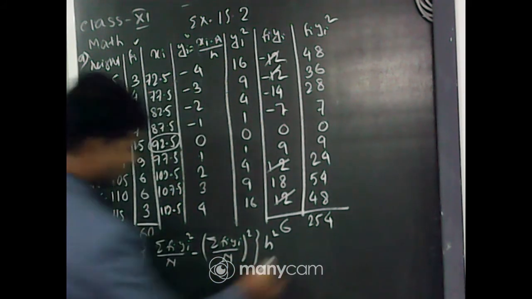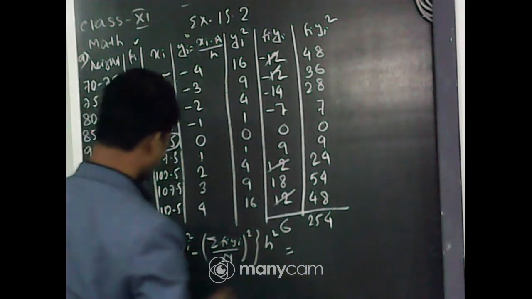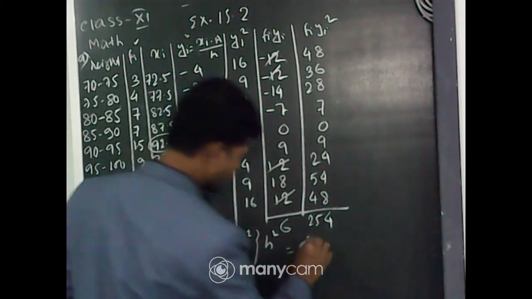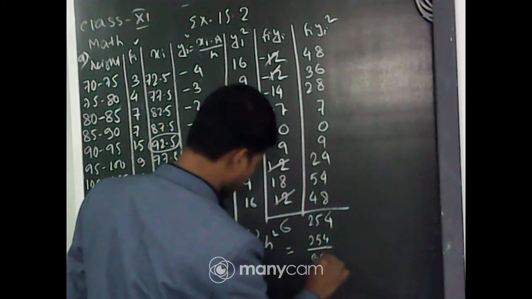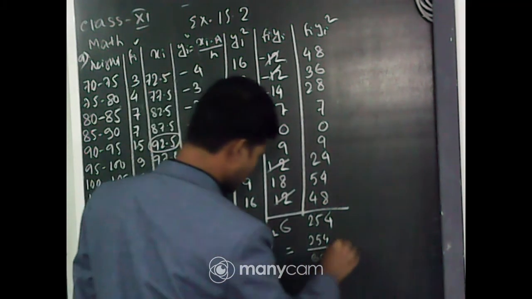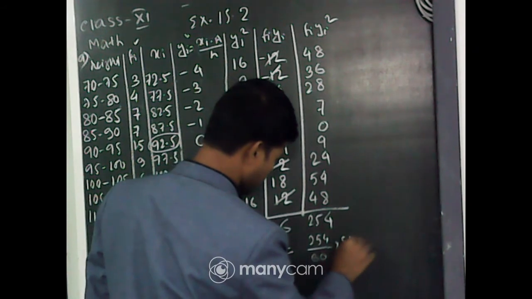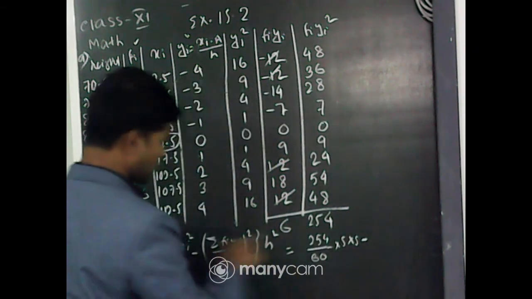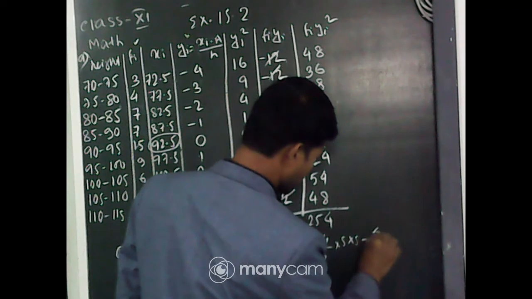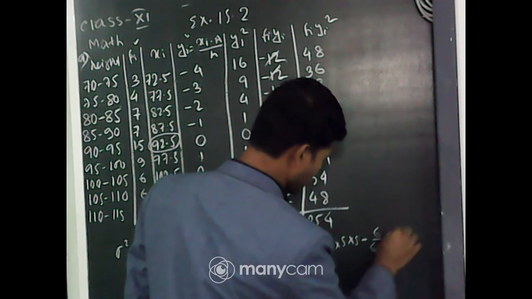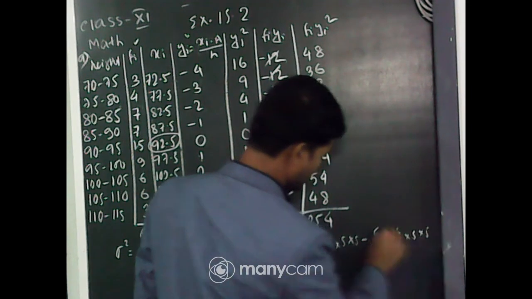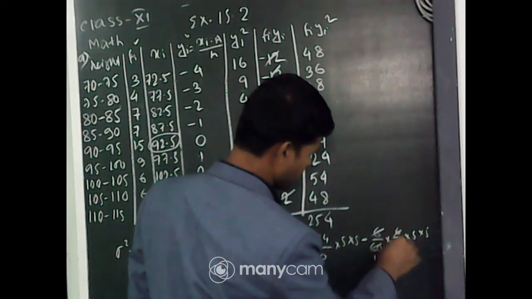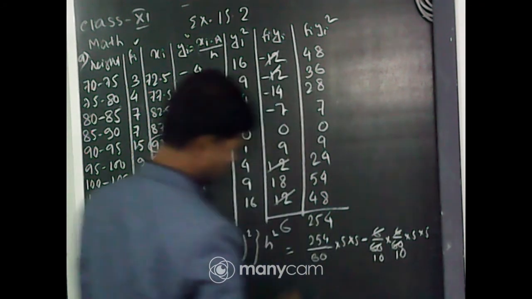Now put the values. That is equal to summation of fi yi square, that is 254 divided by 60, multiplied by h square, 5 into 5, minus 6 by 60 into 6 by 60 into 5 into 5.